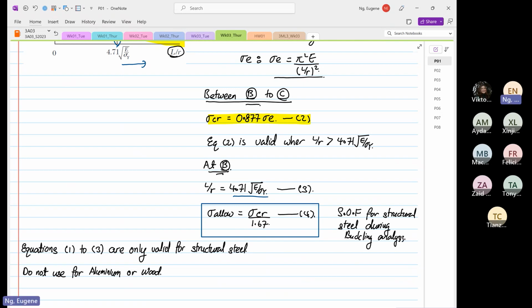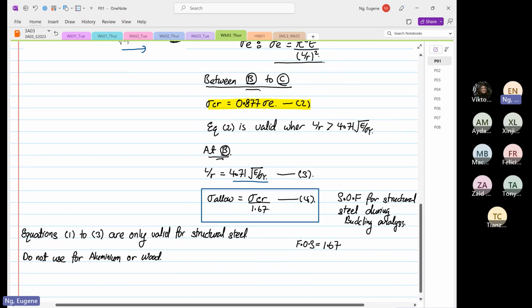Just to clarify things, the factor of safety is equal to 1.67, and this is equal to critical stress divided by allowable stress. It's a factor of safety that is commonly used when we design structures, or buildings, with structural steel.